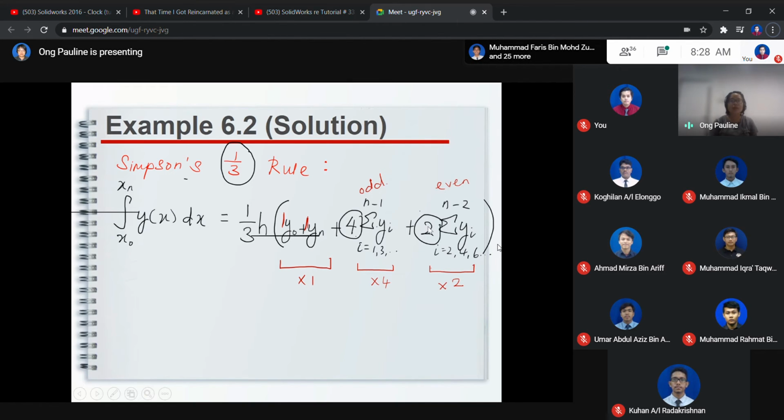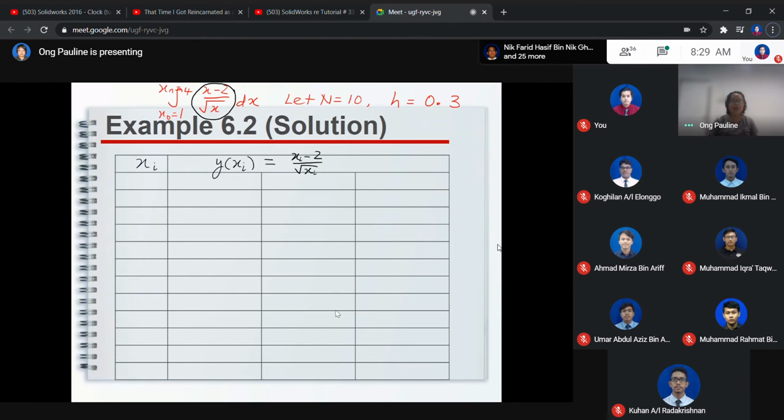So I directly made 3 columns for the value of y based on the observation of the Simpson's 1/3 formula.